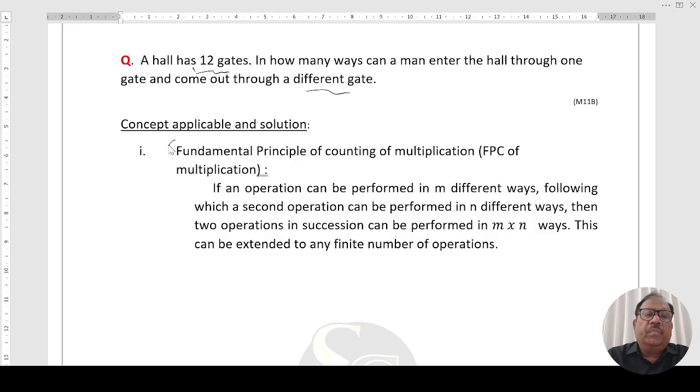Concept applicable: the fundamental principle of counting of multiplication, known as FPC of multiplication, which states that if an operation can be performed in m different ways, following which a second operation can be performed in n different ways, then the two operations in succession can be performed in m into n ways. This can be extended to any finite number of operations.